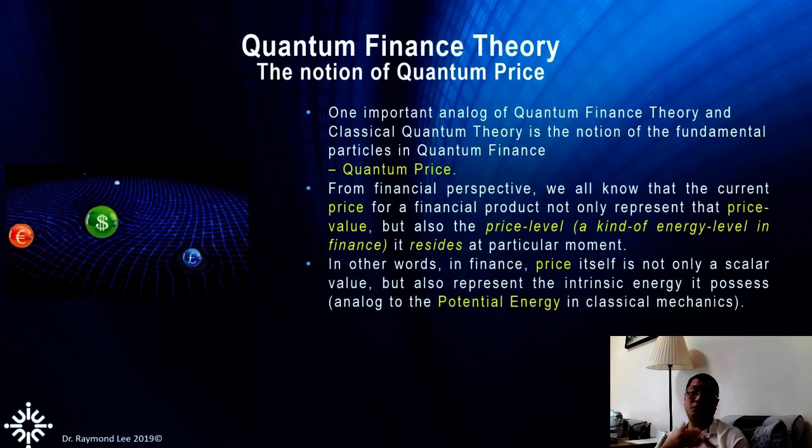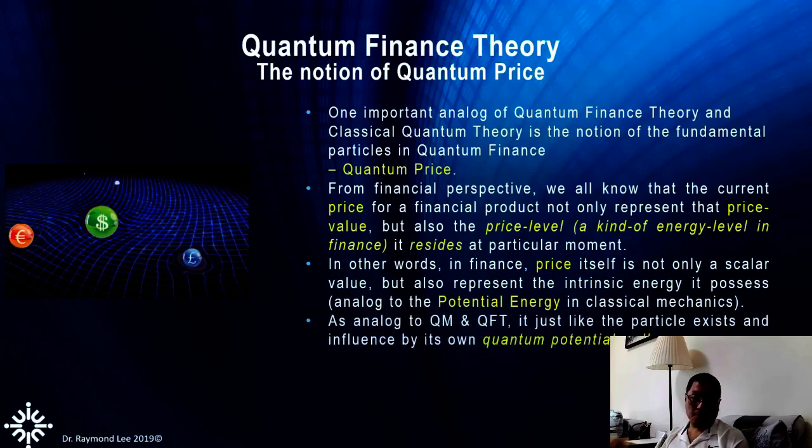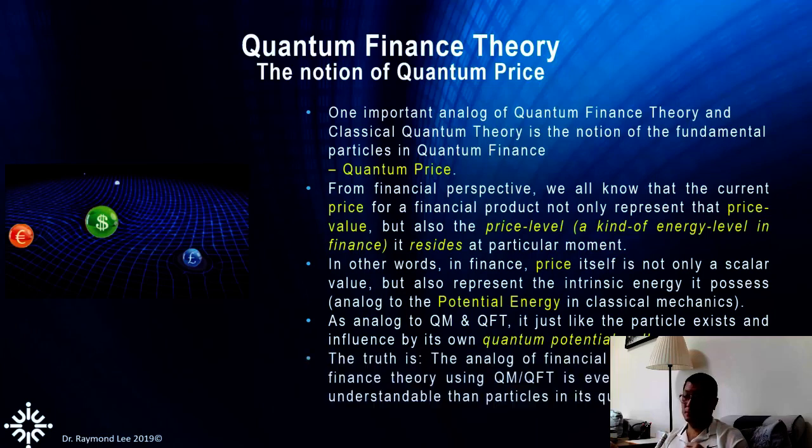The difference is that you are using quantum field theory or quantum finance to model their phenomena and turn it into mathematical models. So as an analog to quantum mechanics and quantum field theory, the particle exists and is influenced by its own quantum potential value and by other financial instruments or financial fields as well.